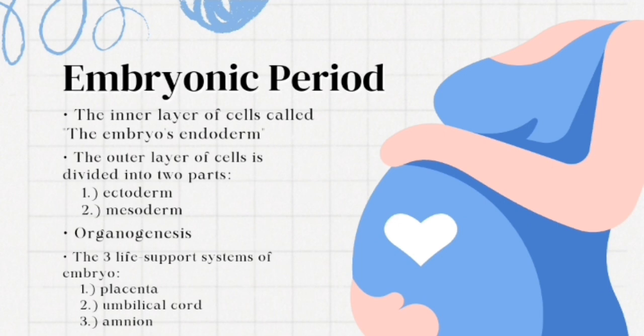Umbilical cord contains two arteries and one vein that connects the baby to the placenta. Amnion is a bag or an envelope that contains a clear fluid in which the developing embryo floats.